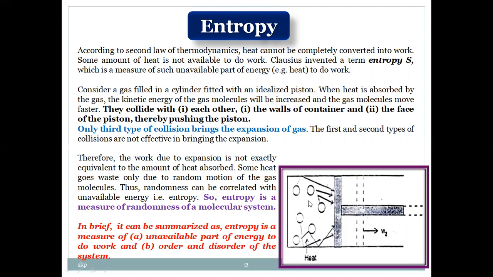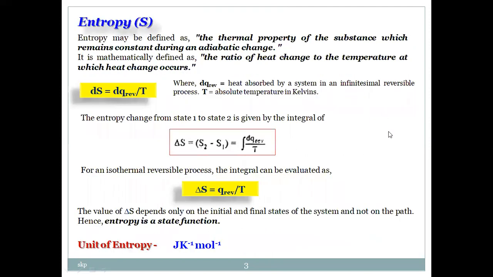Whatever their movement may be is called randomness. In brief, entropy is a measure of the unavailable part of energy to do work and of the order and disorder of the system. The more the disorder, the higher the entropy.